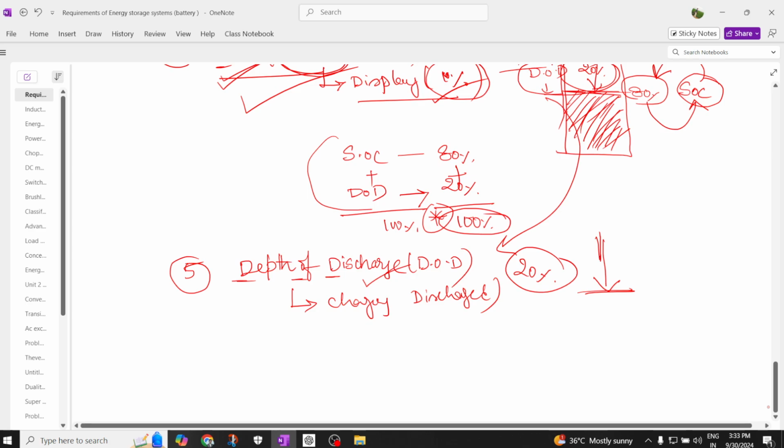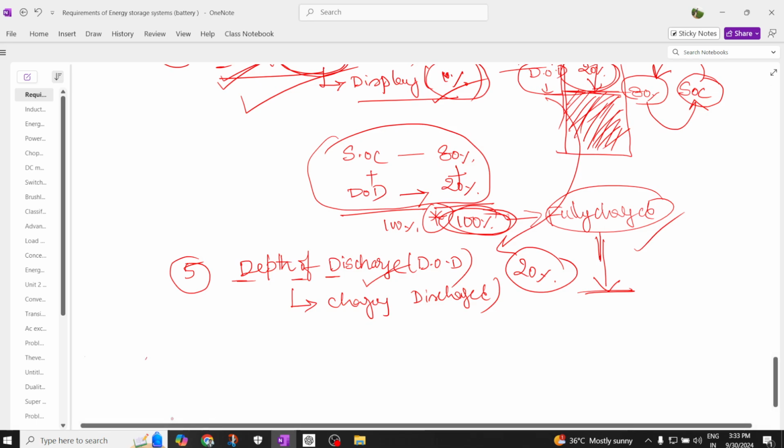If you add state of charge and depth of discharge, it equals 100%, where 100% is a fully charged battery. And the next parameter we have to understand in battery parameters is self discharge rate.